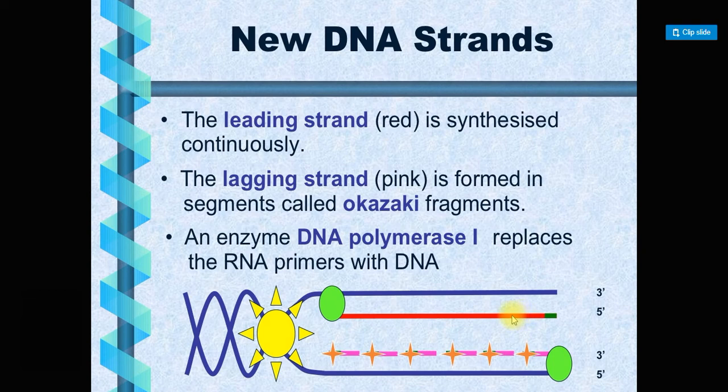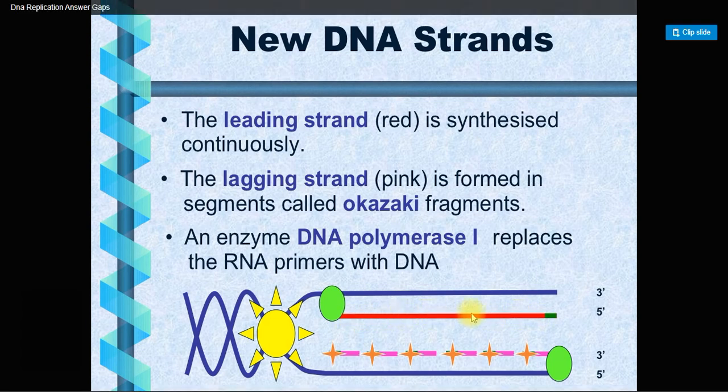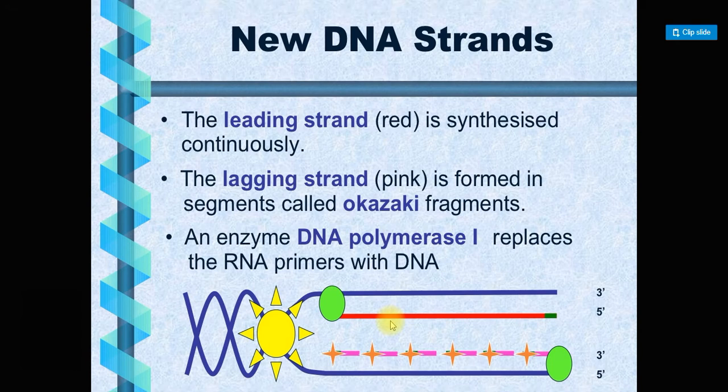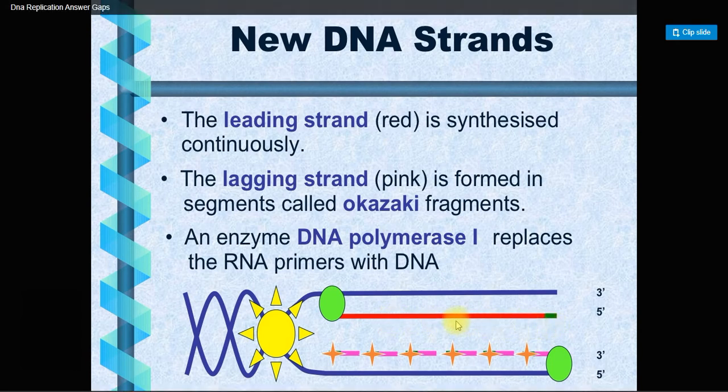As previously mentioned, DNA polymerase can only add to the 3' end, so the 5' end of the primer remains unaltered, and consequently synthesis proceeds immediately along the leading strand. As you can see in this red color, this is the leading strand. There is no breakage in this strand. This is a continuous strand, and this is known as continuous replication.